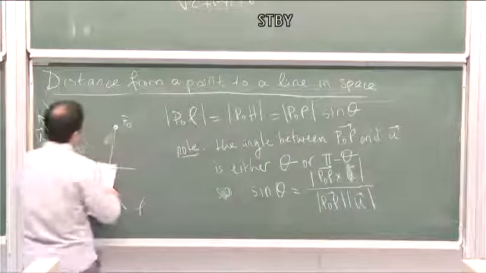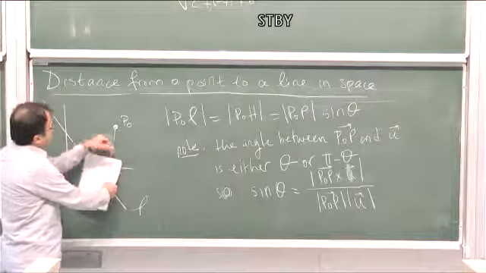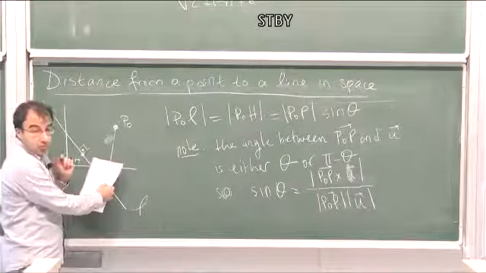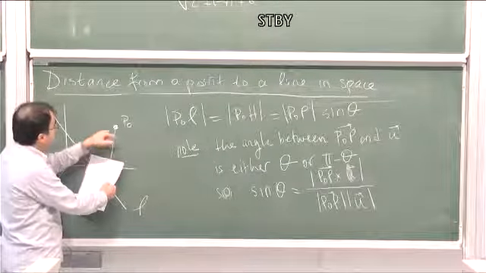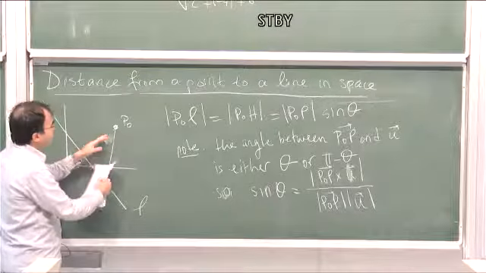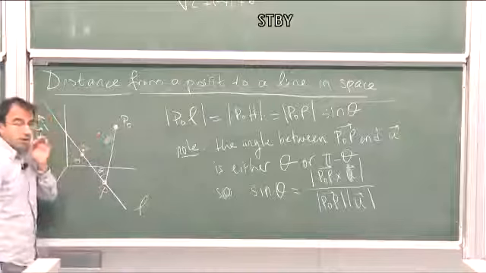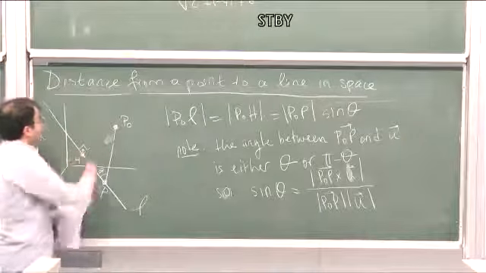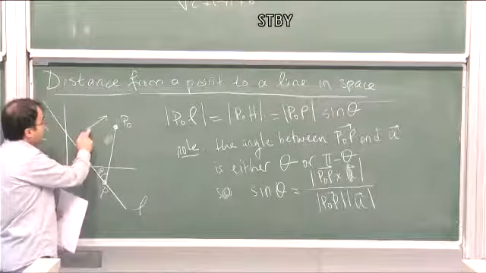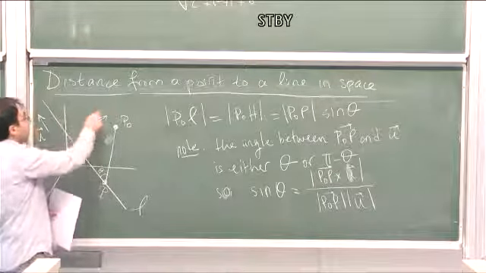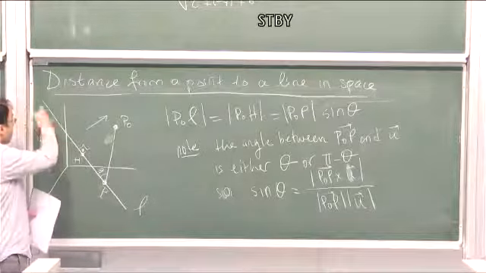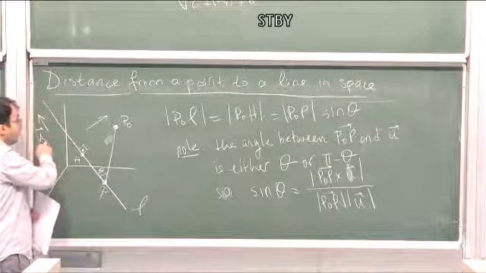If I consider this theta as I did with the planes, then I would have written it using cosine theta, and to find the cosine theta I need to use the dot product formula. But that direction would be perpendicular to the line, which I don't know initially. For the line, I already know a parallel vector.